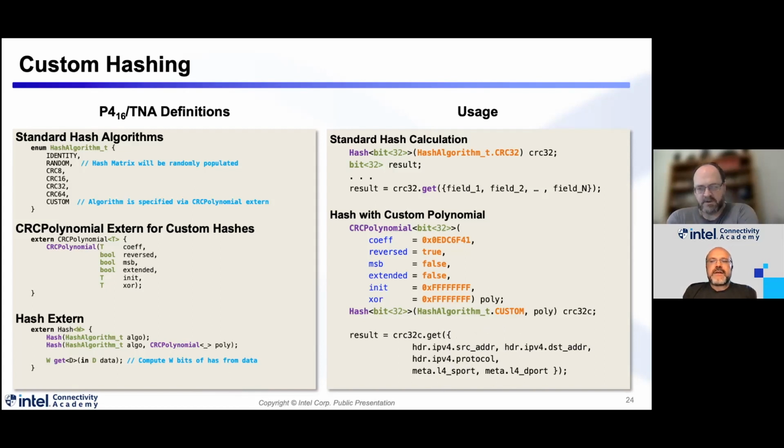Right. So yeah, when you want to make fields symmetric, for example, there's often cases where people want the same hash value to be calculated for traffic, let's say from host A to host B, or from host B to host A, where the source and destination address are swapped and the source and destination L4 ports are swapped. So in hardware here, we have the capability to swap them just before calculating the hash so that we get a consistent hash, we sort them basically, and then get a consistent hash in each direction.